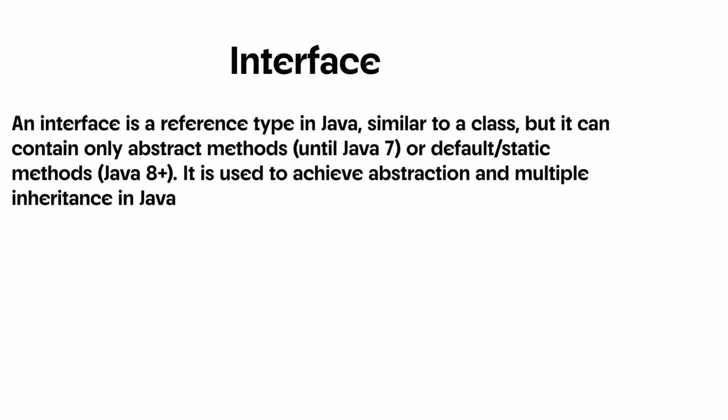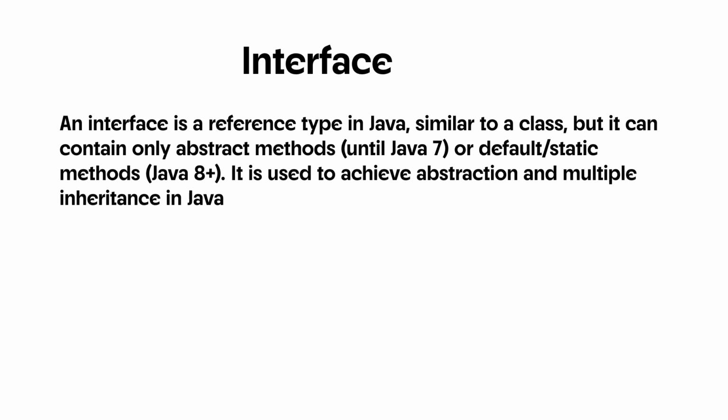In Java, an interface is like a contract or blueprint that defines what a class should do, but not how it does it. An interface only contains method signatures, like void, and doesn't have any method bodies, though modern interfaces can also have default and static methods with code. When a class implements an interface, it promises to provide the actual code for all the methods declared in that interface.